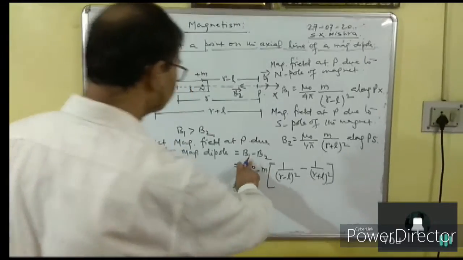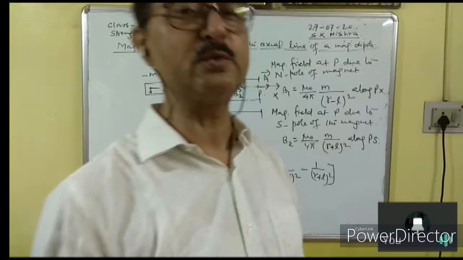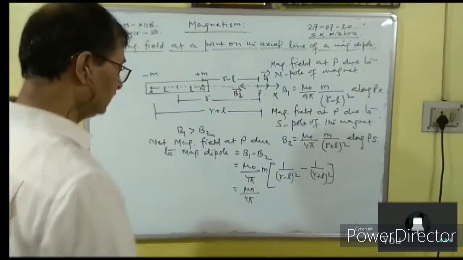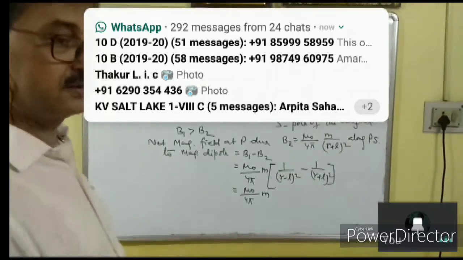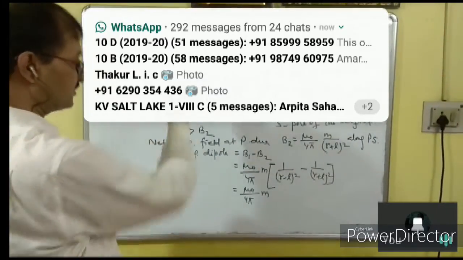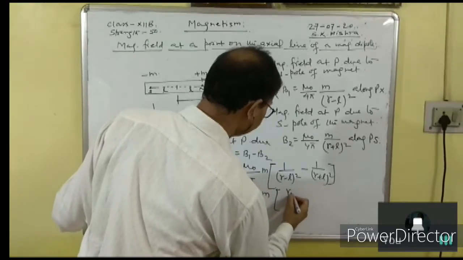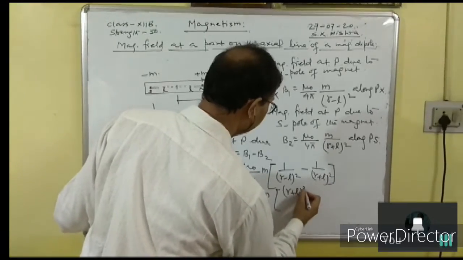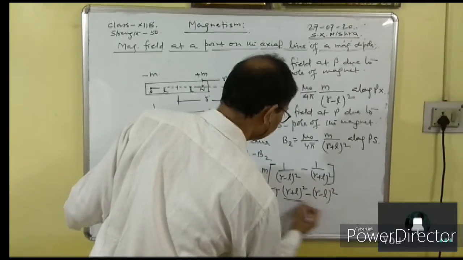If it is B2, then B2 is mu naught by 4 pi m. Don't take plus minus m, you are writing magnitude only. For south pole we have taken m, pole strength, divided by this distance square. This is (r plus L) whole square.